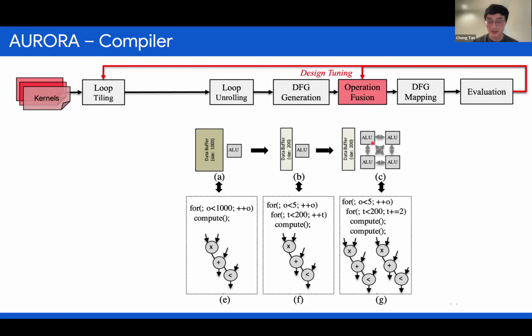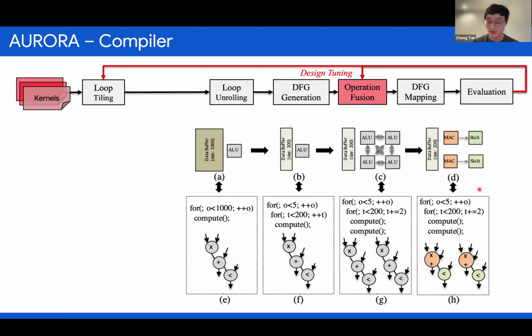But the trade-off is the area and the power, right? But that depends on your target or objective. Like if you have more area budget, you can tolerate more resources. So you can enable this loop unrolling to see whether it's worth it.